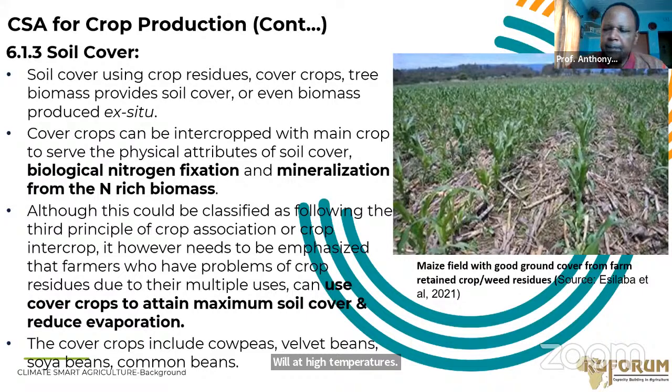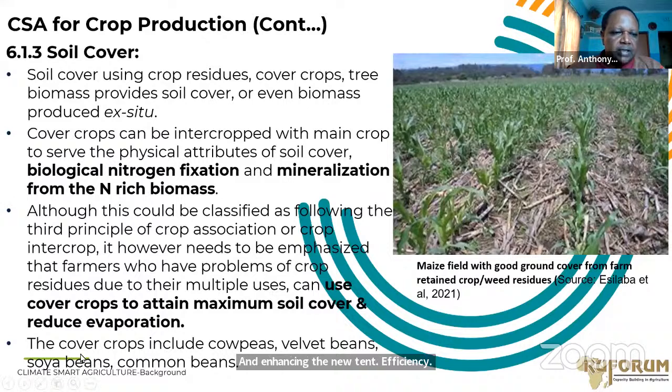As I mentioned earlier, there's also an issue of mineralization, where you might lose some of your nutrients due to high activity of microorganisms in high temperature soils. So the way we manage our soils is very key to the way we can safeguard against emissions of certain gases and enhance nutrient use efficiency.